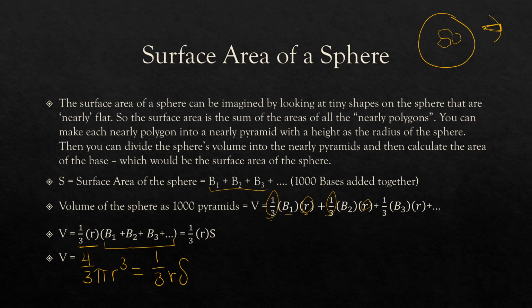So if I cancel one of these r's with one of these, we now have r squared left. If I multiply both sides by 3, I get rid of these thirds on both sides. Now I'm left with the surface area of the sphere only on this side, and on the other side I have 4 pi r squared. So that is then the surface area of a sphere. It's 4 pi r squared.